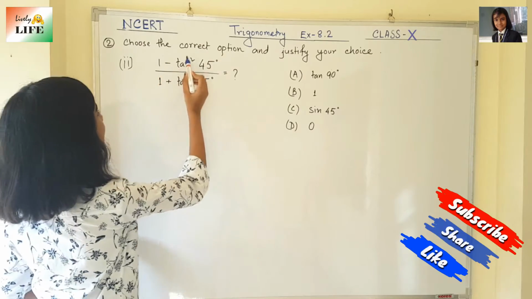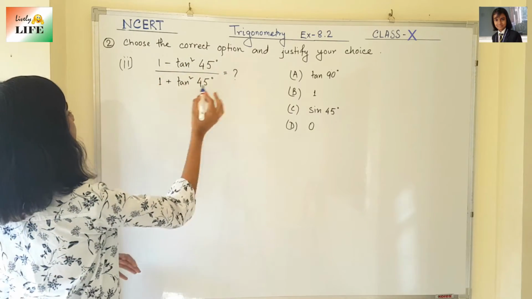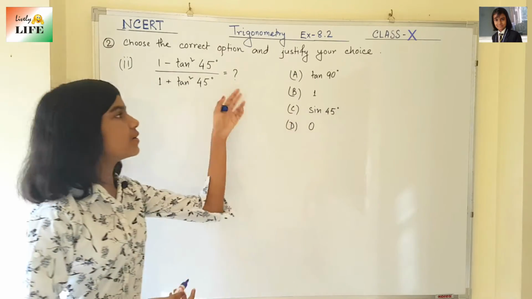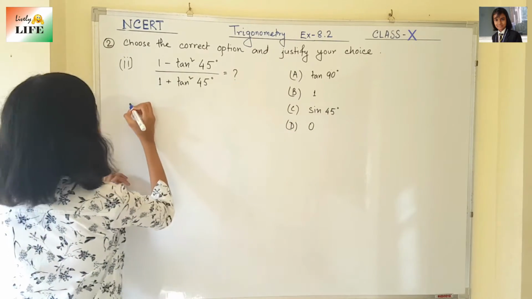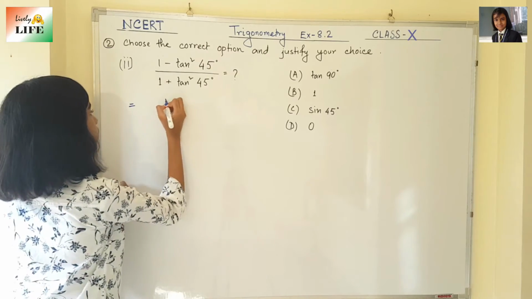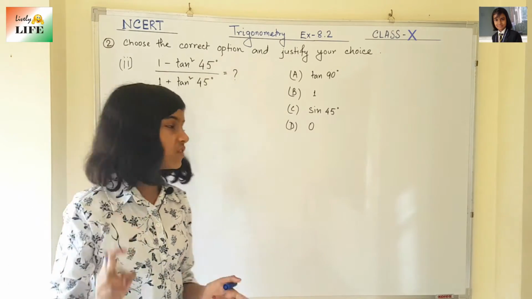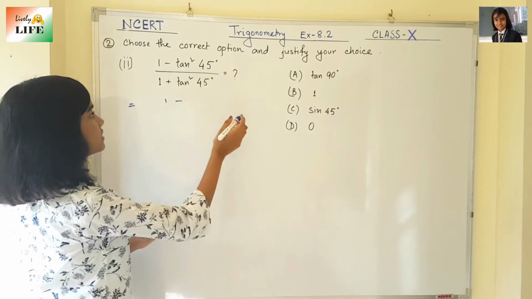1 minus tan square 45 degree by 1 plus tan square 45 degree is what? Okay, so let's solve this. 1 minus, now what is tan 45? Tan 45 is 1. We have already learnt earlier. Tan 45 is 1.